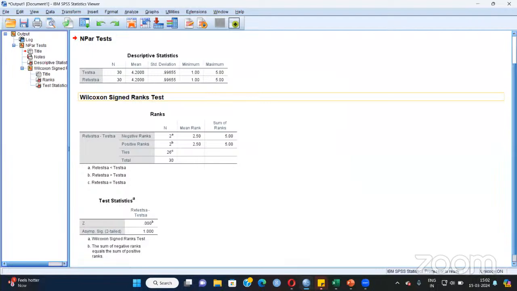Okay. So today you have learned both the parametric and the non-parametric approach of the t-test, the independent t-test as well as the paired t-test.